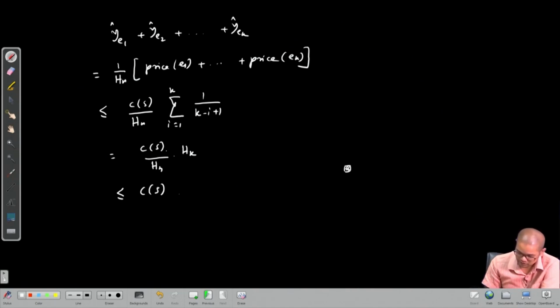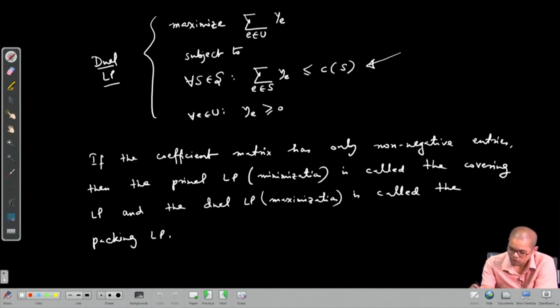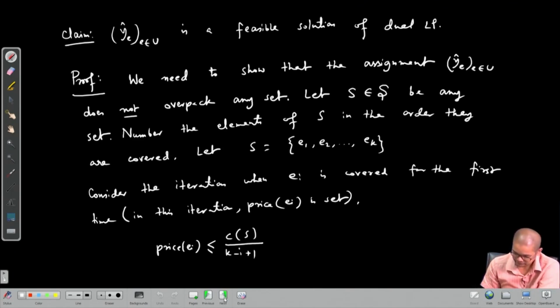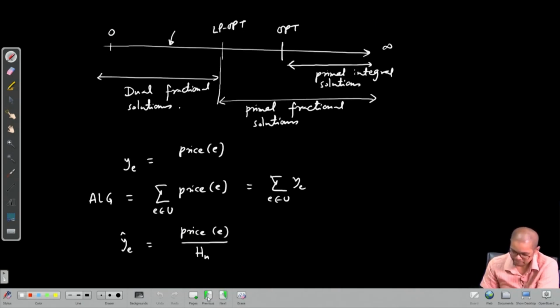So, what do we have? Then OPT is greater than or equal to any dual feasible solution. So, what is the dual objective? Summation of Ye hat. This summation of Ye hat is nothing but summation of Ye, e in U, times 1 by Hn, and summation of Ye here, this is ALG.